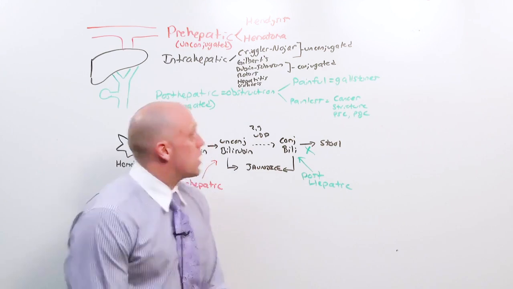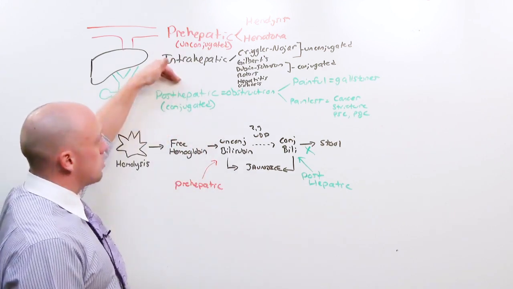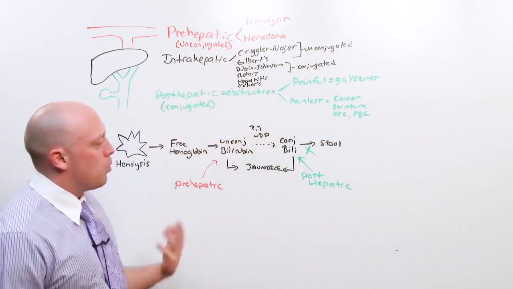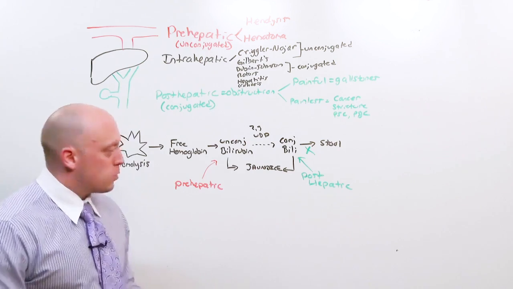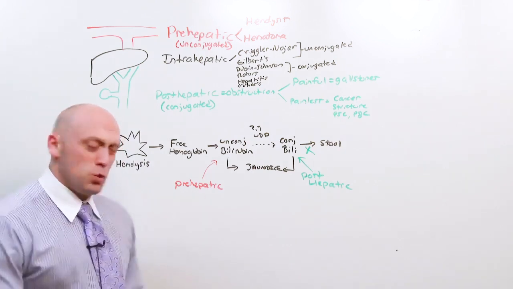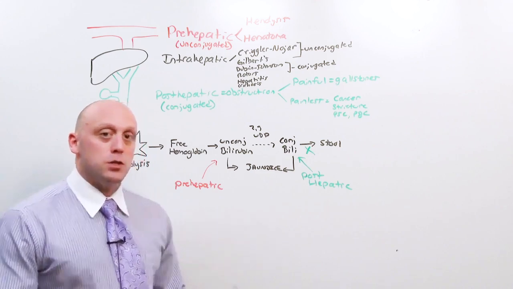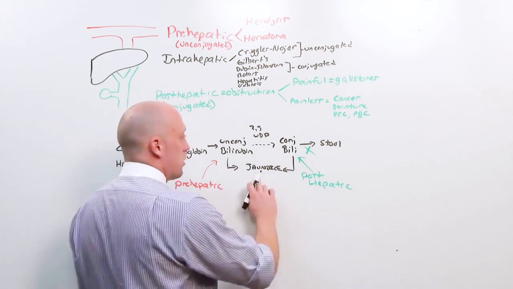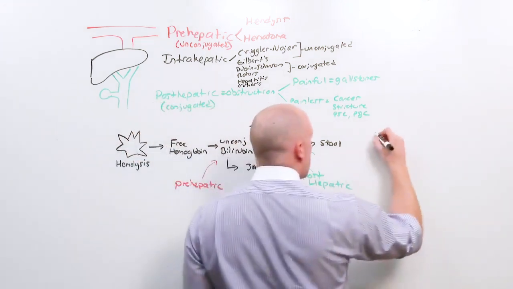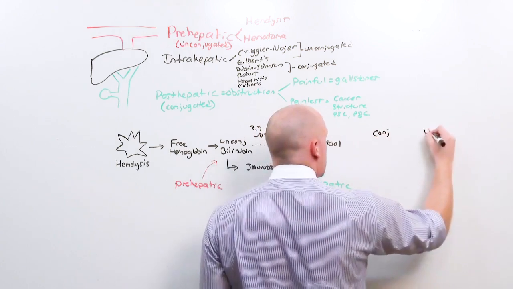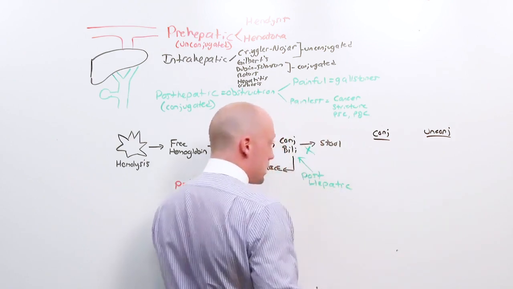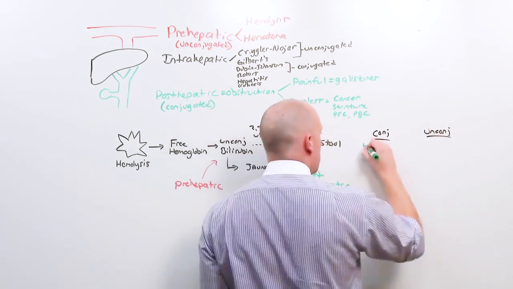Okay, so we've got pre, post, and intra, some general categories of the diseases you might encounter. But why does this matter? We're having this big discussion in pre and post because you want to come up with a clinical diagnosis, and you can use a few clues from the history and physical to get you there. Remember, everyone's yellow. So what's the difference between conjugated and unconjugated? The big difference is that conjugated is water soluble.